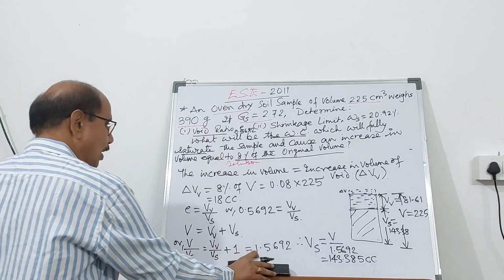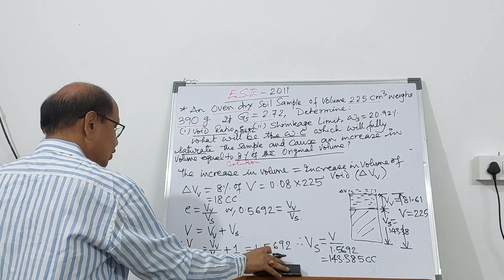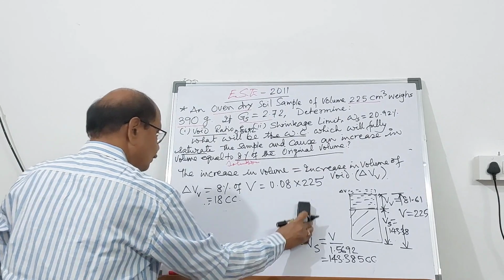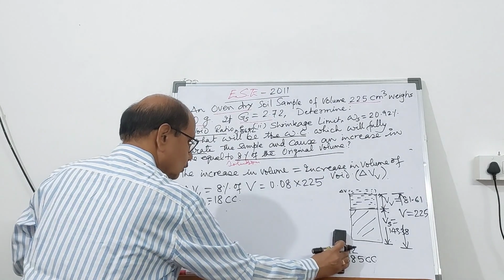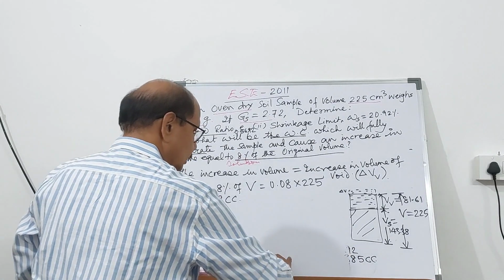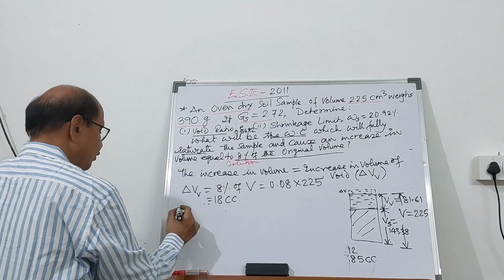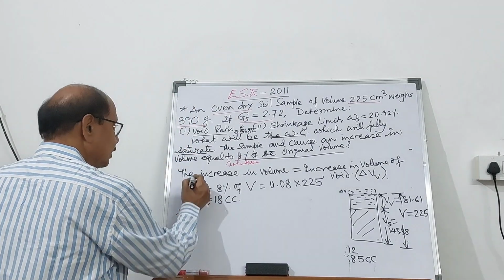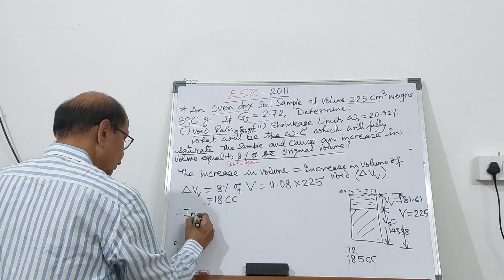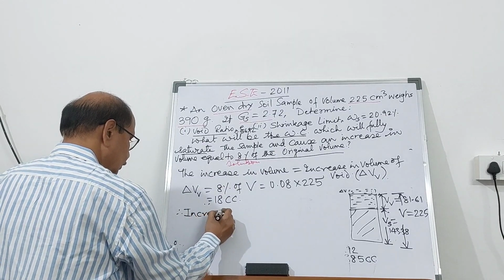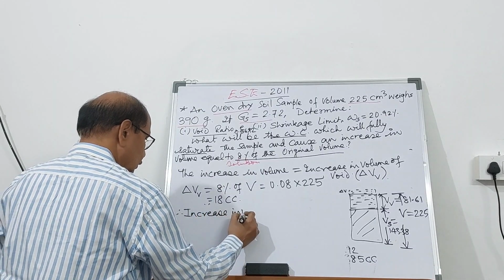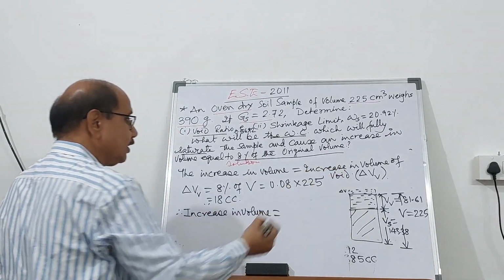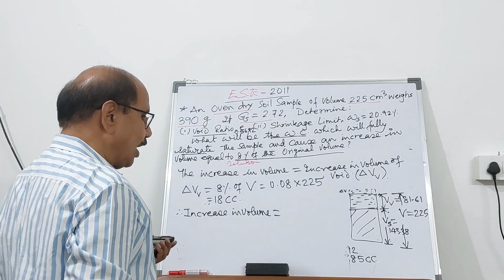Now the volume of void is known to us. Therefore, the final volume, the increase in volume, equal to the increase in the volume of the void.